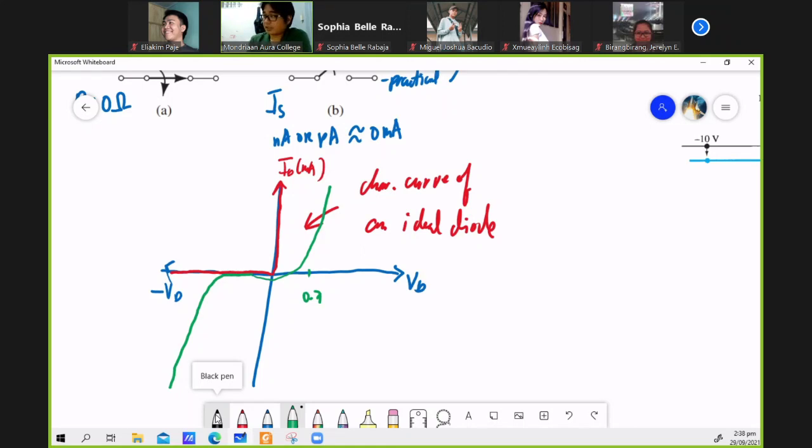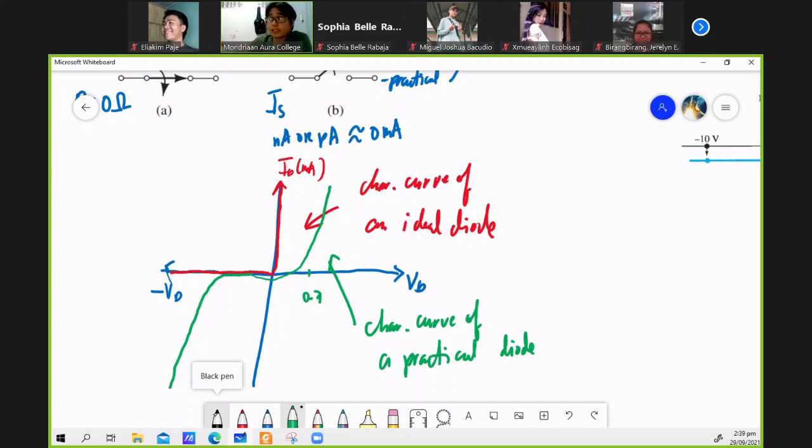So let's just write this down dito. This is the characteristic curve of a practical diode. Practical diode meaning this generally represents the characteristic curve ng mga diodes available in the market. So halimbawa, lagi kong binibigay na example sa inyo, 4001 tsaka yung 4148 kasi that's the most commonly used.